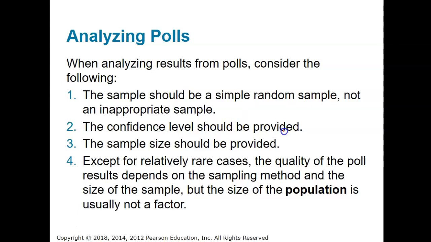That's not always the case when you look these up on the internet, and they may not be reporting it, but there is a confidence level and it really should be provided. Sample size should also be provided. And except in relatively rare cases, the quality of the poll results depend on the sampling method and the size of the sample, but the size of the population is not usually a factor. So just kind of keep those things in mind.